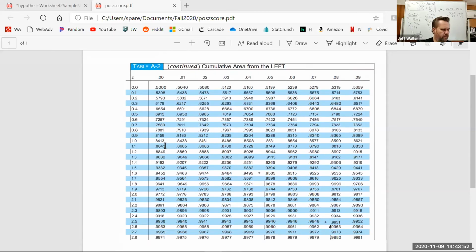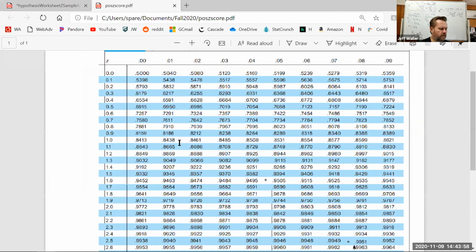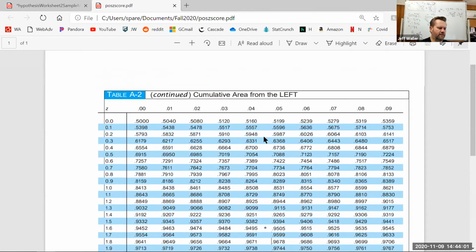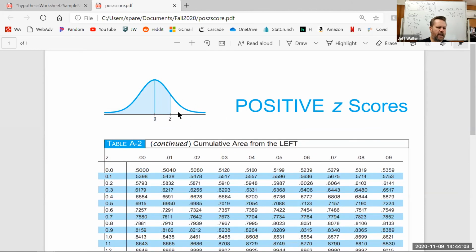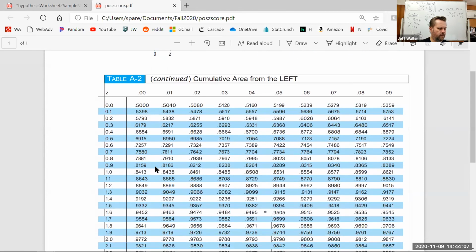If I look up 0.90, 0.8159. You see that? Which means the area in the tail up here would be 1 minus this, so 0.1841. And then if you double that, you'll get the p-value.